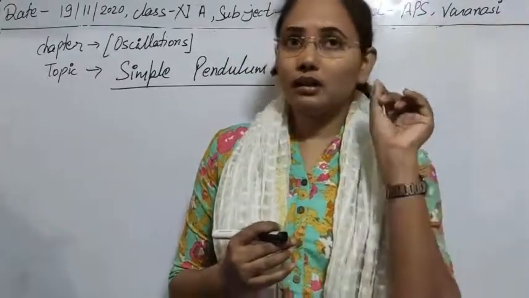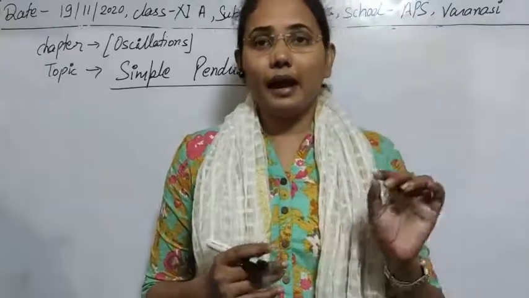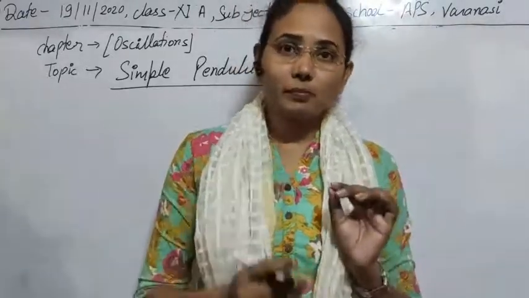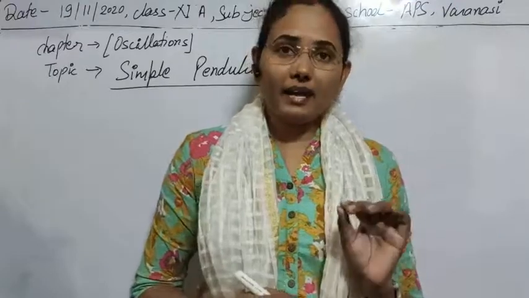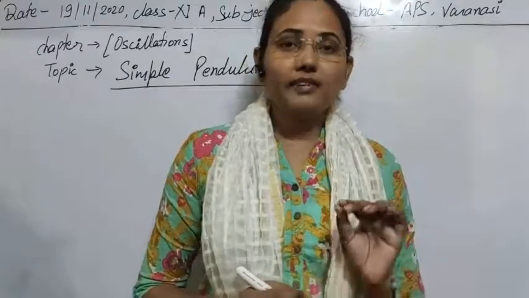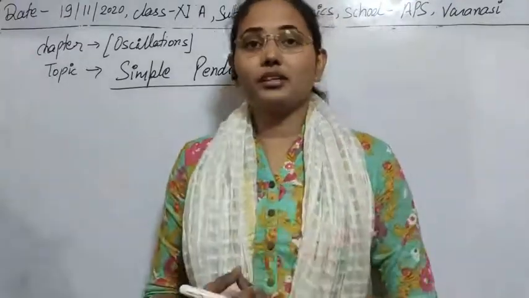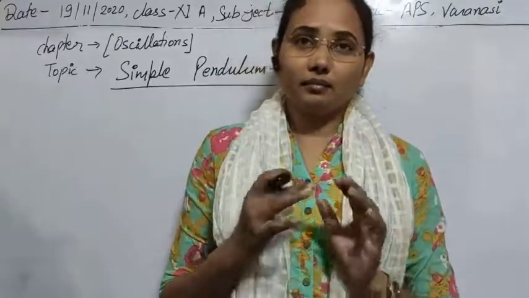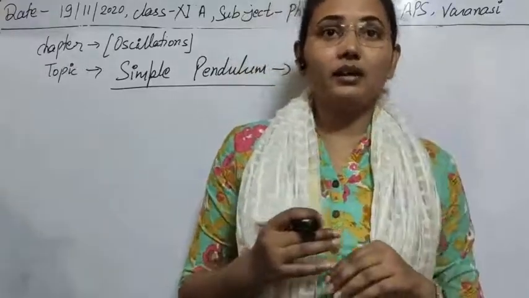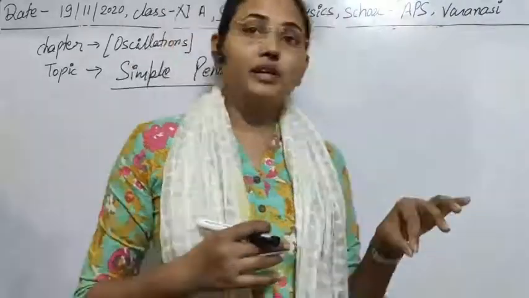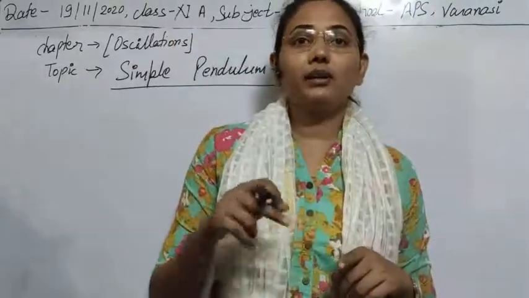Now just listen to the words here. A heavy point mass that is suspended by a flexible, inextensible, frictionless, weightless string, and that is free to oscillate about its equilibrium position.